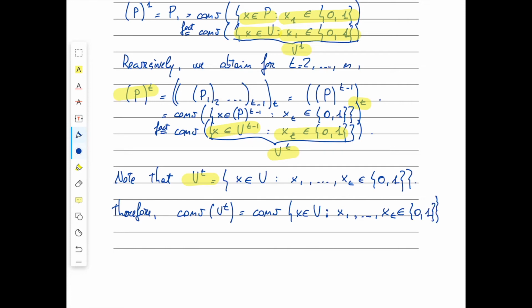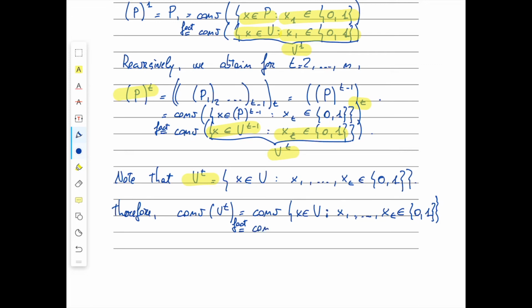Now we can apply again our fact, but in a slightly different way, because now for every possible x1, ..., xt in {0, 1}, this is again a face of our polyhedron P. And the only difference with the above two ways we applied the fact is that now we don't have only two faces, but essentially 2 to the t.